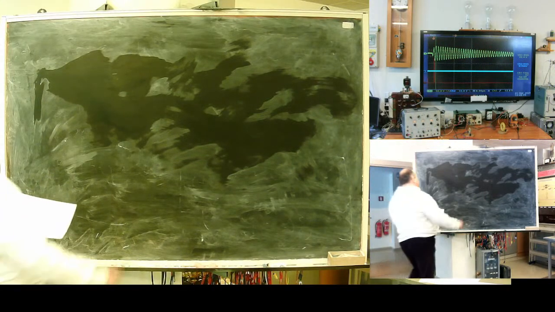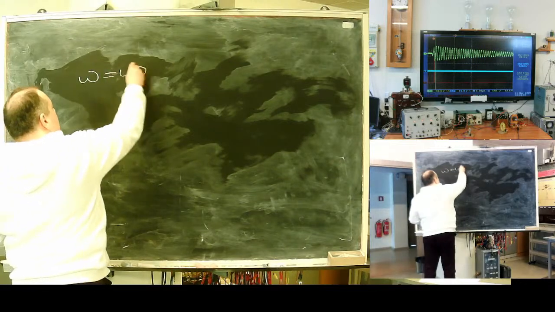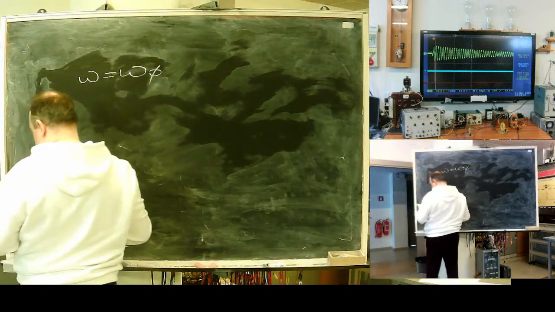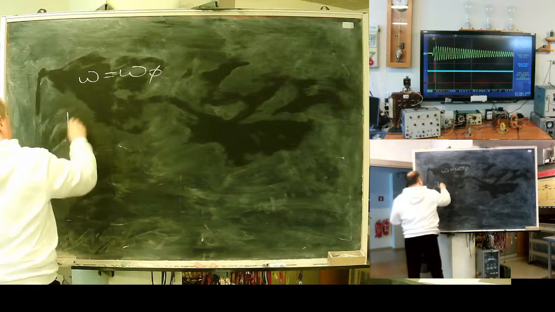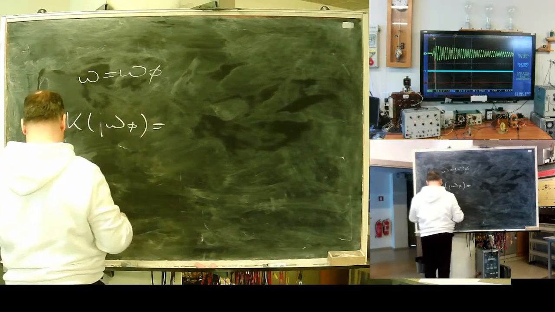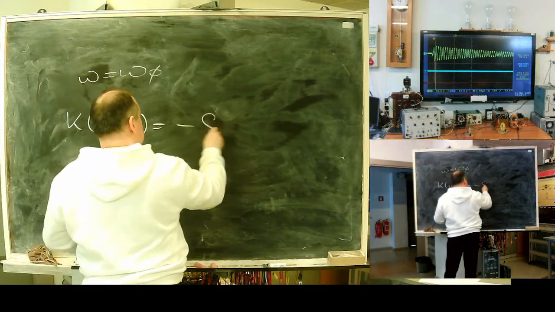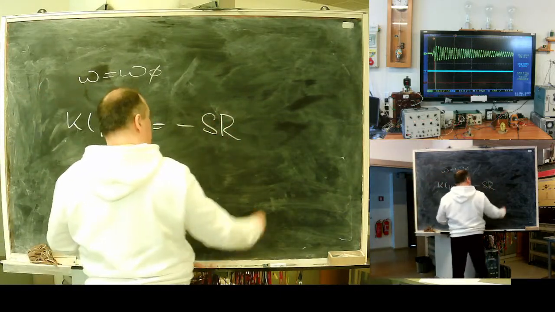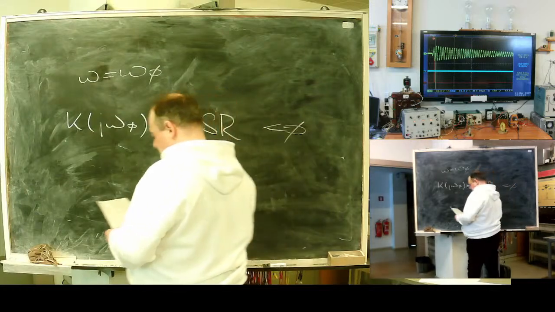So at the frequency omega 0, at the point of resonance, it will be minus SR, meaning it's less than 0, negative.